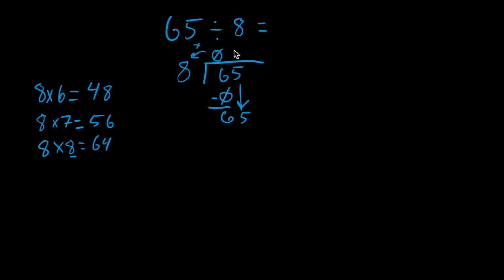So I'll go ahead and write the 8 right above the long division symbol. So 8 times 8 is 64. So I'll write down 64 here and then subtract 65 minus 64. That leaves us with 1. So your answer can be 8 and remainder 1.